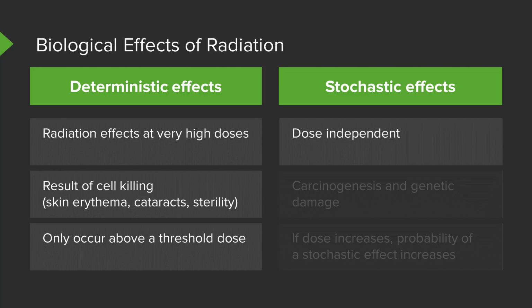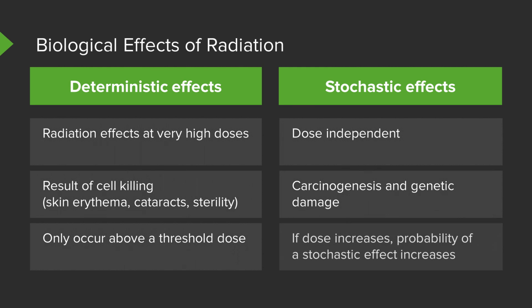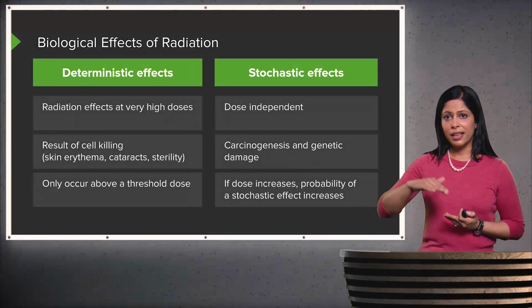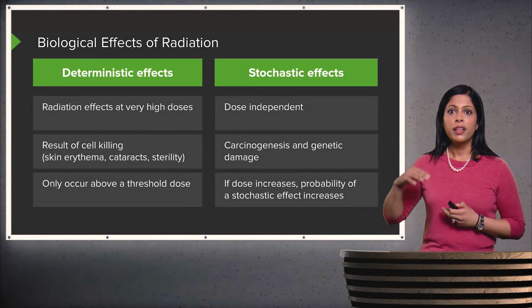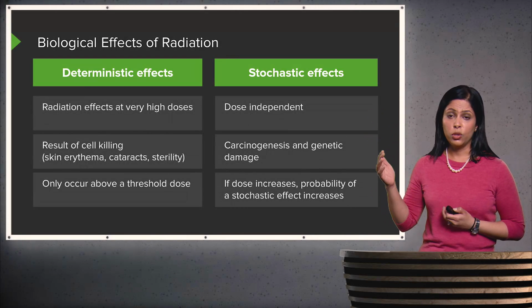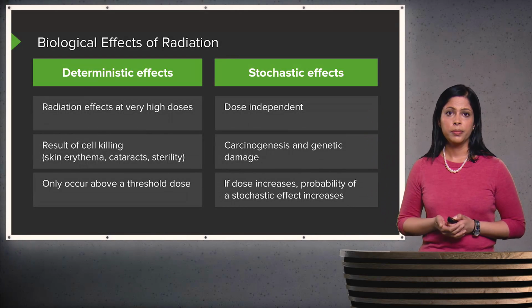Stochastic effects, on the other hand, are dose-independent. They include carcinogenesis and genetic damage, and if the dose increases, the probability of a stochastic effect increases. So there's no threshold the way a deterministic effect has. So as you increase dose and as you do more and more CT scans, let's say, the probability of a stochastic effect will increase.